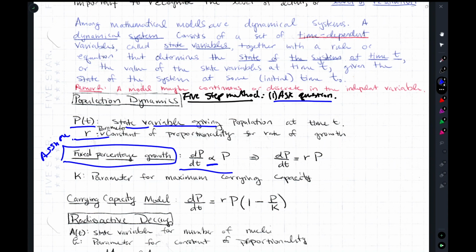So, although we could write our assumption in a very succinct way, by just saying that the rate of change of the population is proportional to the population, we also have to think about what it means, physically, what's actually going on. And what we're basically saying there is that we're never going to hit a limit.